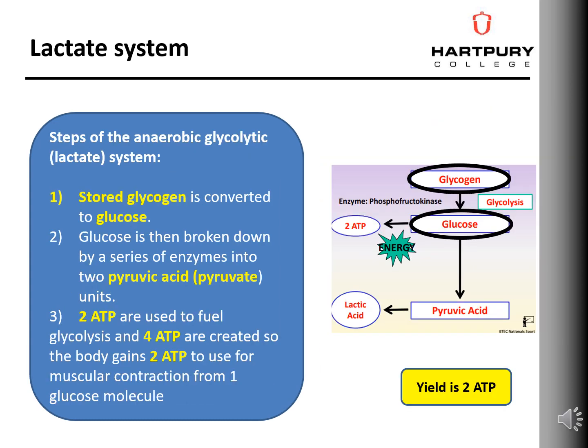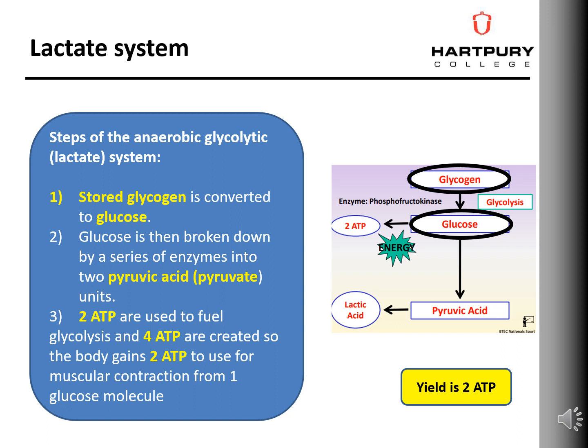So the steps of this lactate system. The first step is that stored glycogen is converted to glucose. Then glucose is broken down by a series of enzymes into 2 pyruvic acid, or pyruvate.